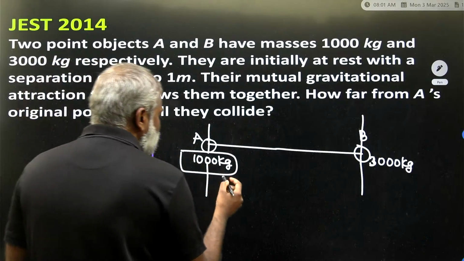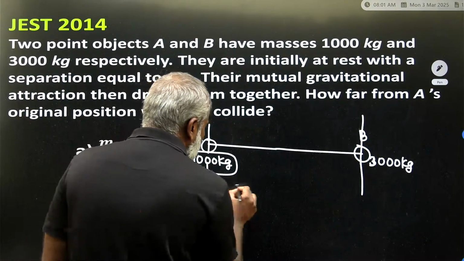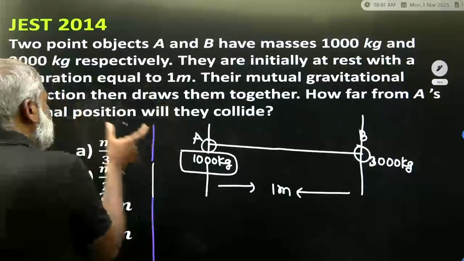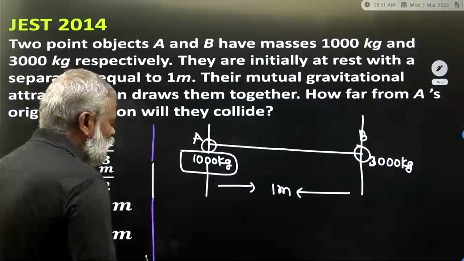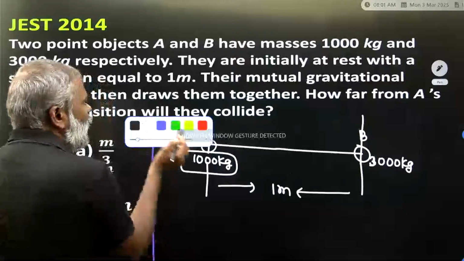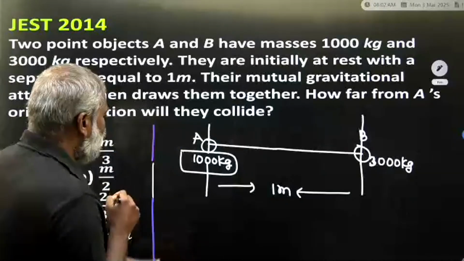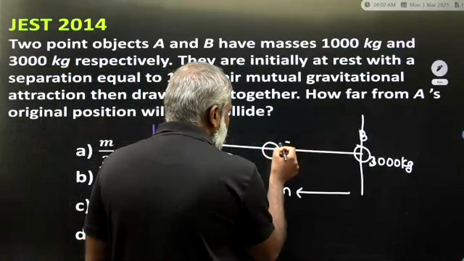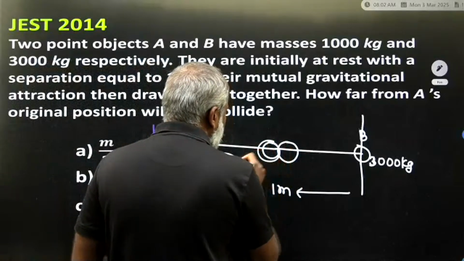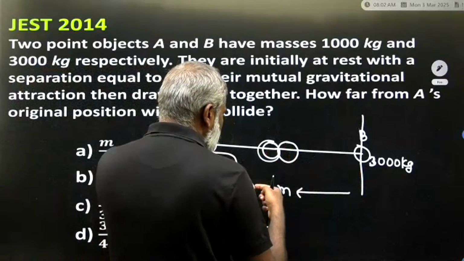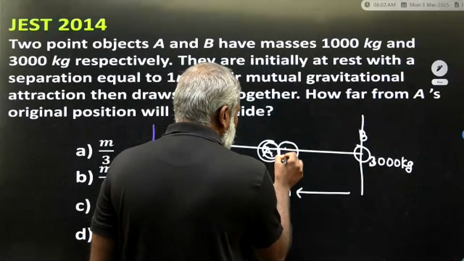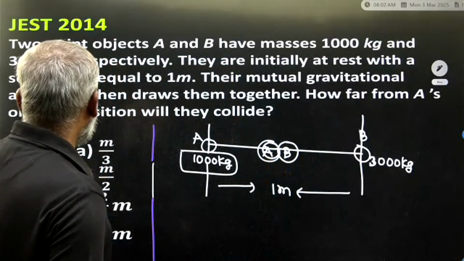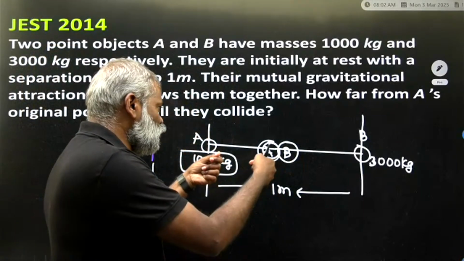They are initially at rest with a separation of 1 meter. Because of their mutual gravitational attraction, the A particle and B particle are drawn together.